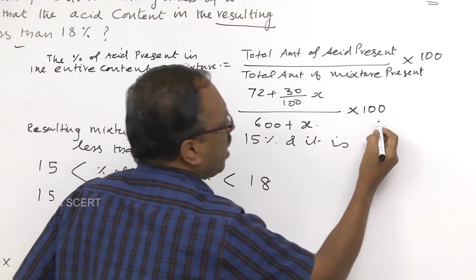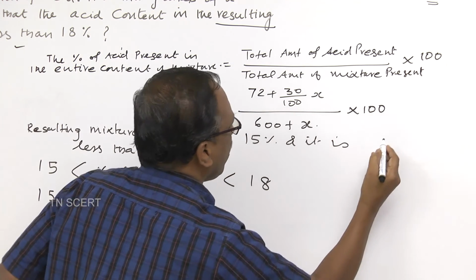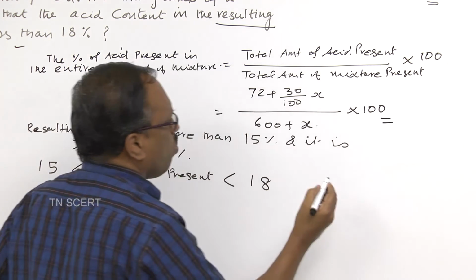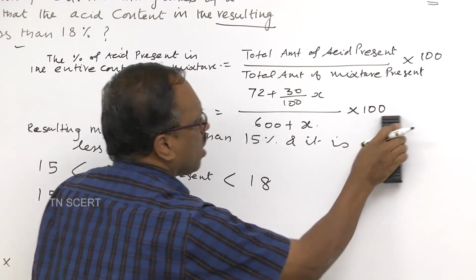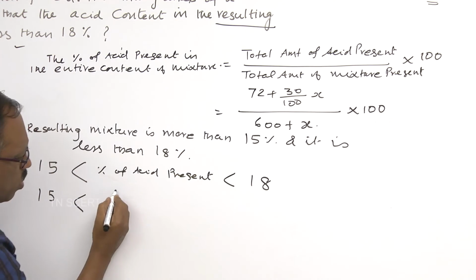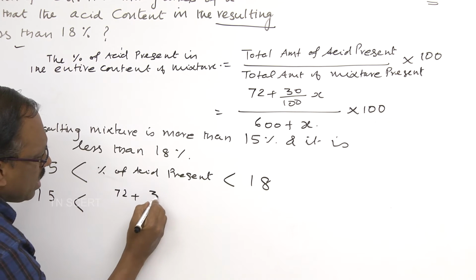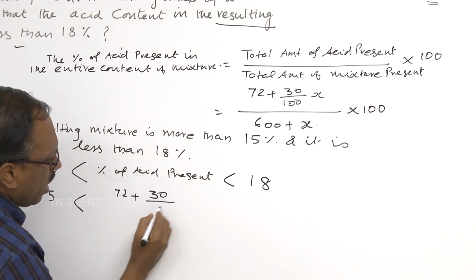This we can simplify better. Let me take it into account here. So 72 plus 30x by 100.